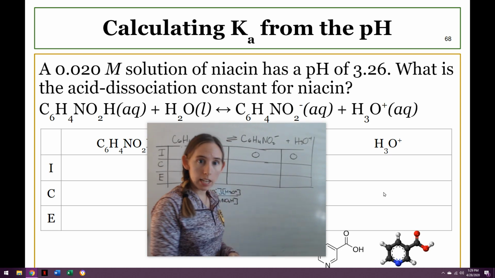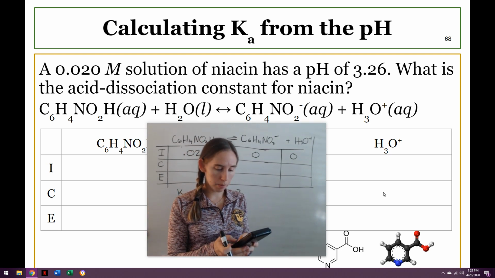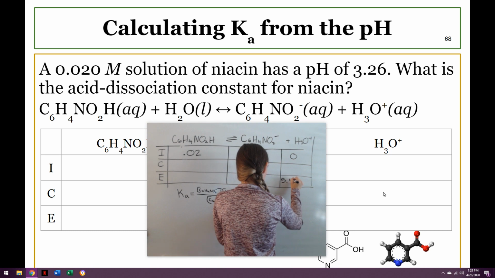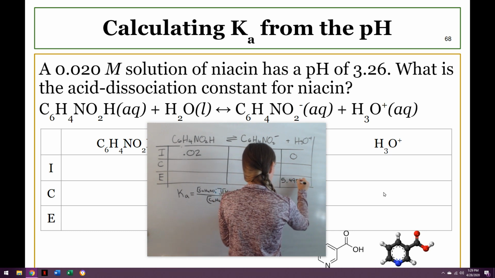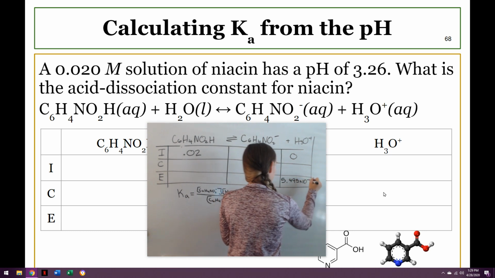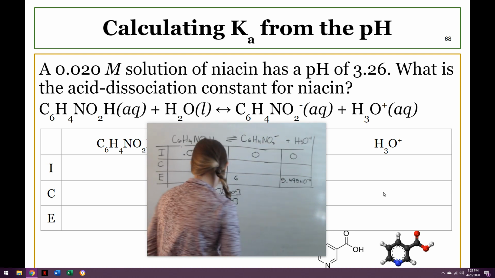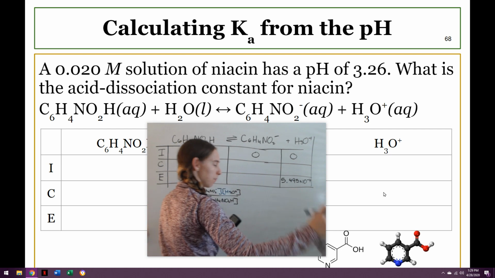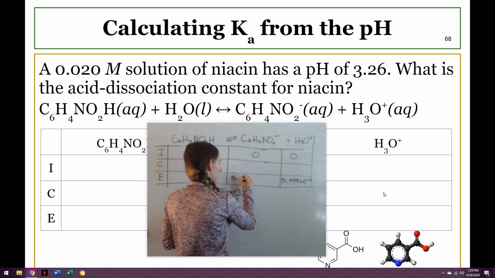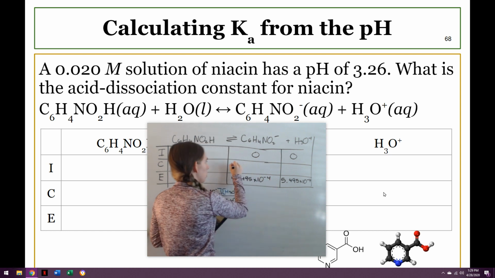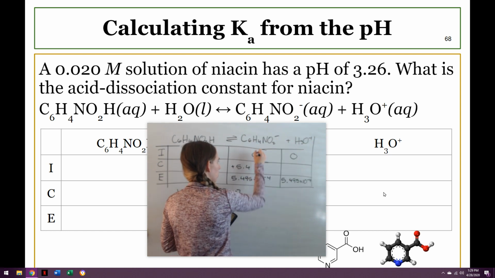So if we say 10 to the negative pH that's given in the problem, 10 to the negative 3.26, we get 5.495 times 10 to the negative 4. These are stoichiometrically equivalent, so this also, at equilibrium, has the same value, 5.495 times 10 to the negative 4. That means we know it changed by this much because it started out as 0.